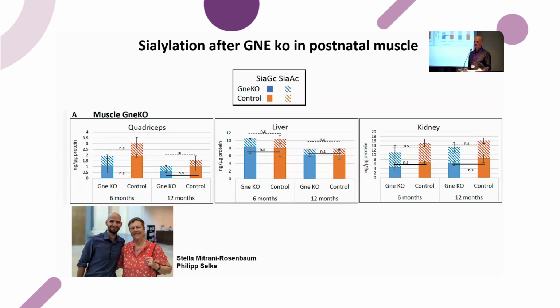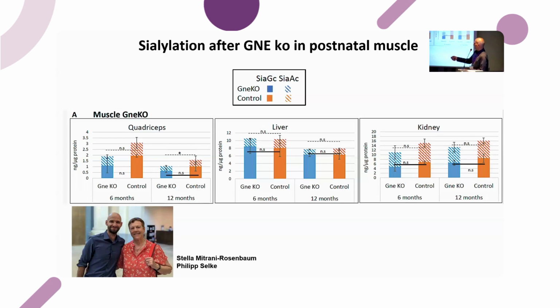So she created a knockout mouse in muscle and in liver, and in muscle and liver. And this knockout was induced by tamoxifen 6 weeks after birth, because she wanted to prevent the embryonic lethality.